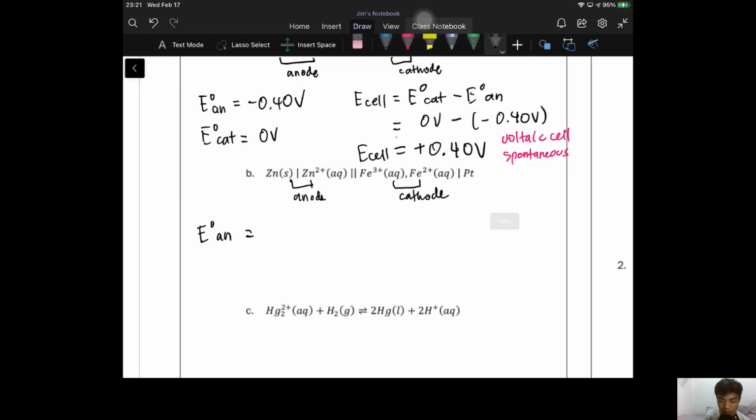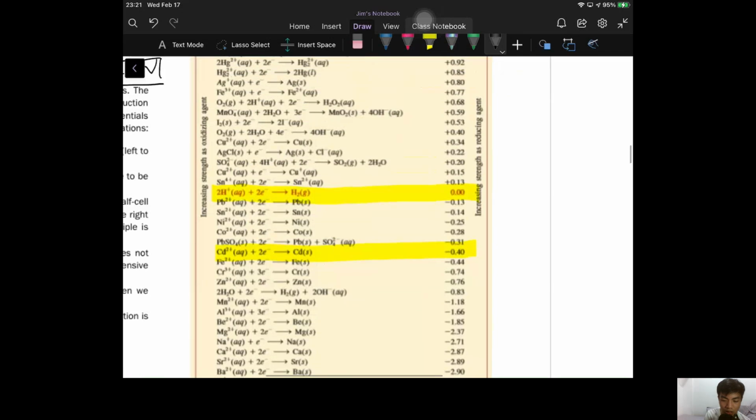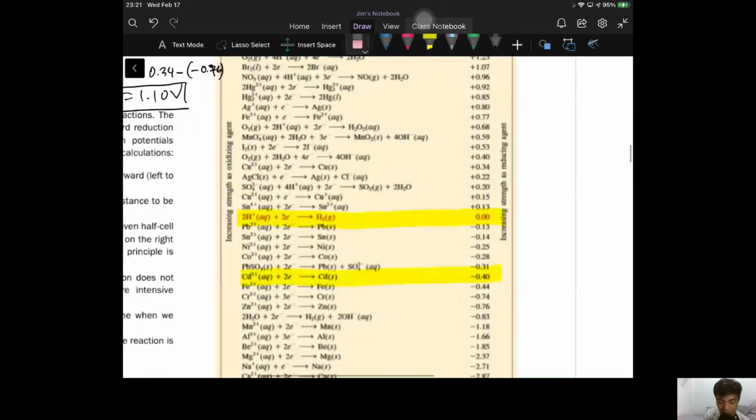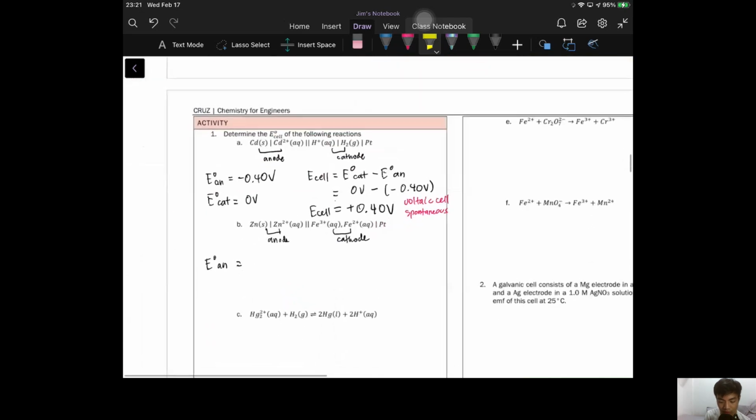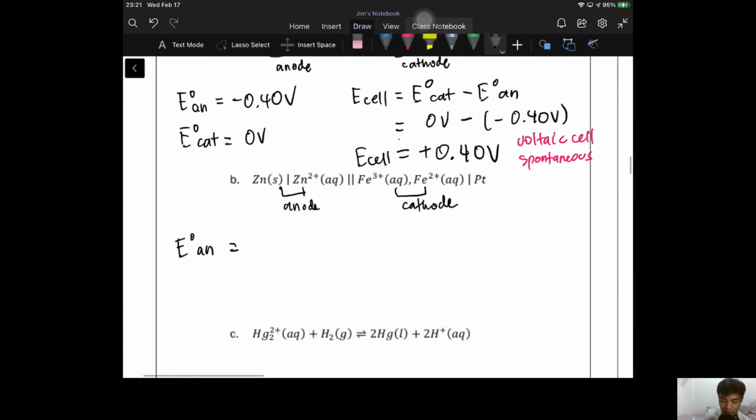Zn to Zn2+. Hanapin natin sa table. Okay lang. Zn2+. Ito nakita ko na. Ayan. So, negative 0.76 yung Zn2+. Okay. Negative 0.76 volts.